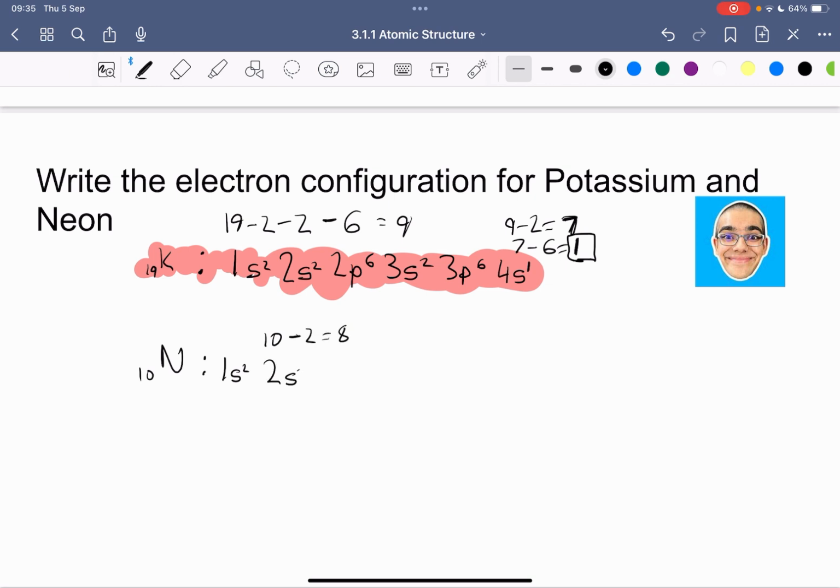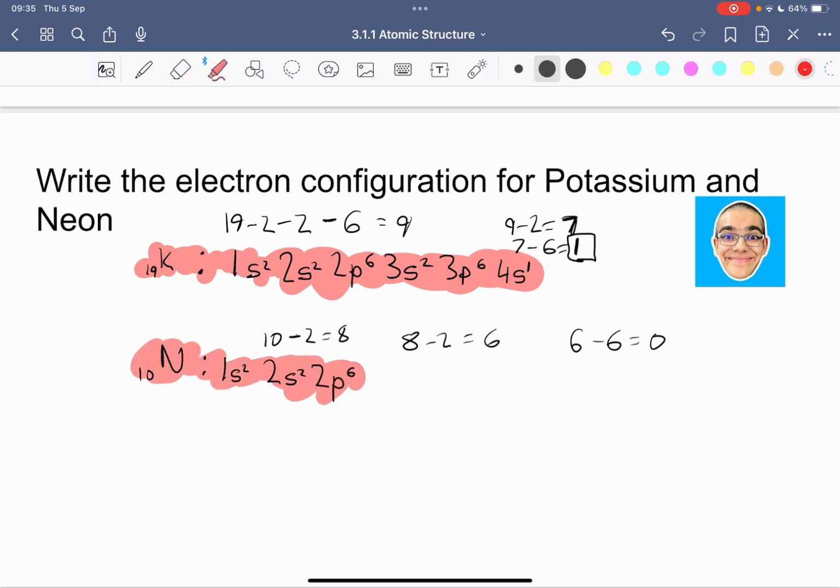We do 2s2, so now we have 6 electrons left, and now we can do 2p, which can hold up to 6 electrons. So now we have 0 electrons left. And this is our electron configuration for neon.